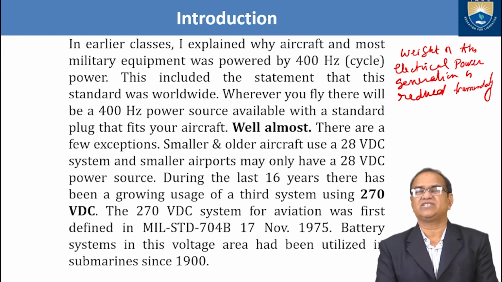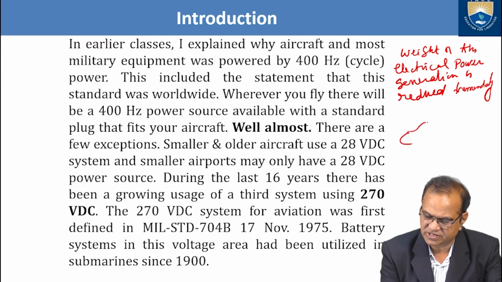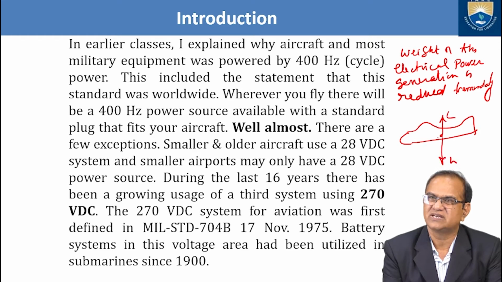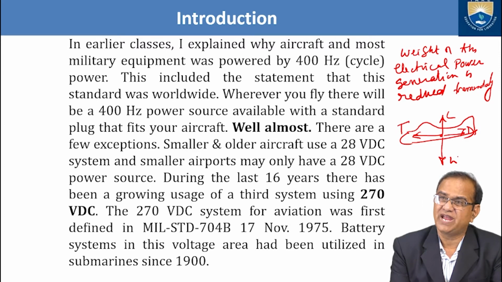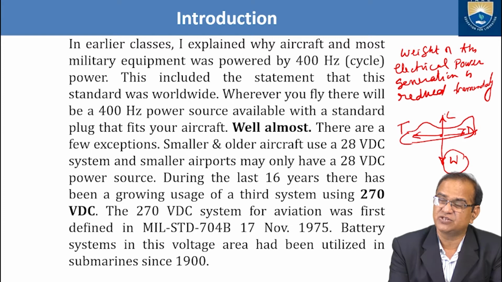In the aircraft, this is the lift, this is the weight, this is the thrust, and this is the drag. So this weight is very important. If you reduce this weight, the lift required is also reduced, and as the lift is reduced, thrust is also reduced.